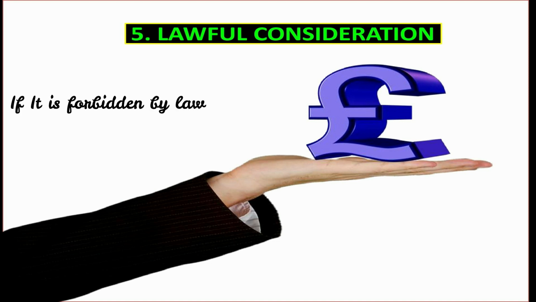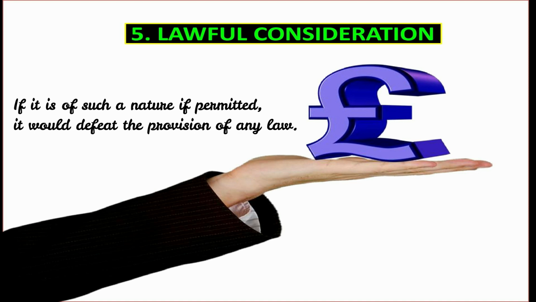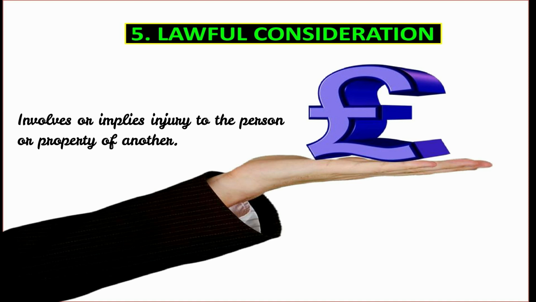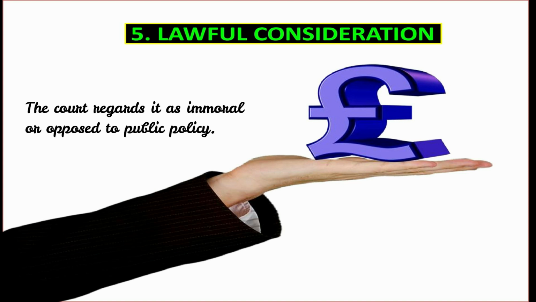Number 1, if it is forbidden by law. Number 2, if it is of such nature that, if permitted, it would defeat the provisions of any law. Number 3, if it is fraudulent. Number 4, if it involves or implies injury to the person or property of another. And number 5, if the court regards it as immoral or opposed to public policy.